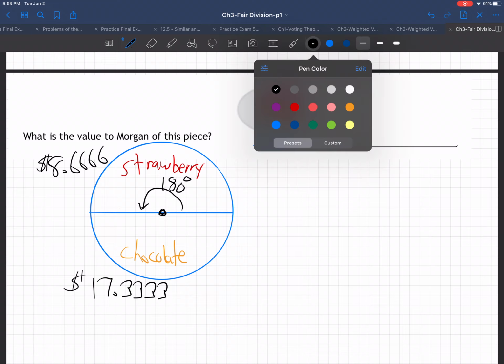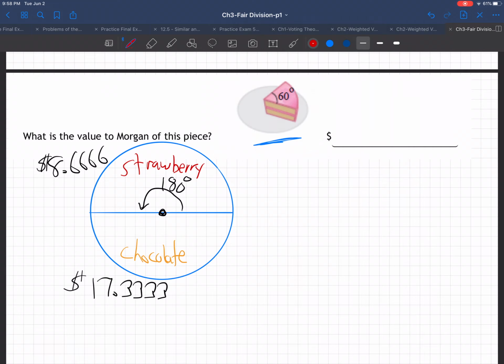That means the 60-degree angle must be 60, 60, 60. That must be 1/3. 60 degrees is 1/3 of 180. This is 1/3 of the strawberry part.